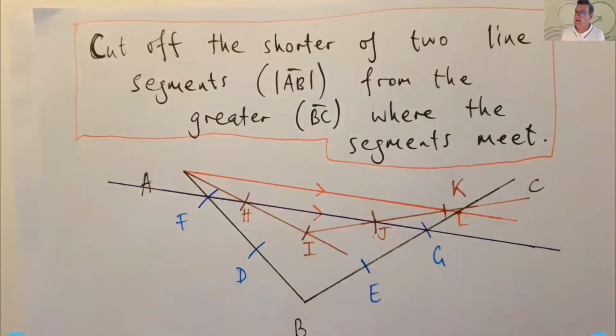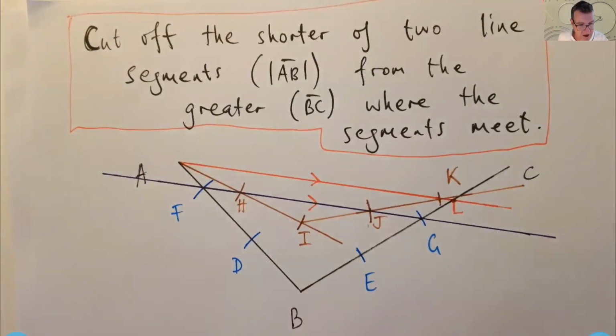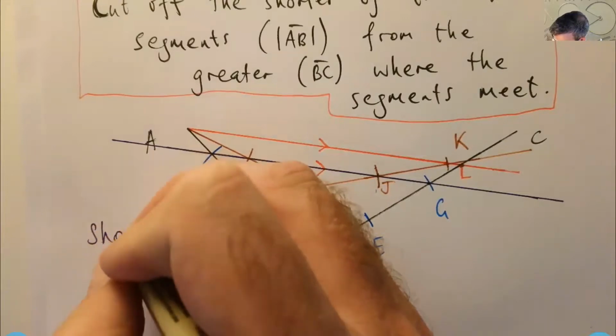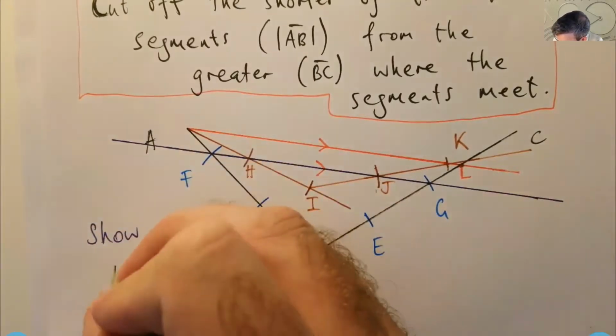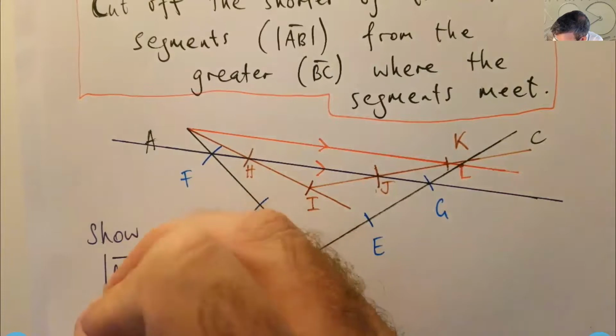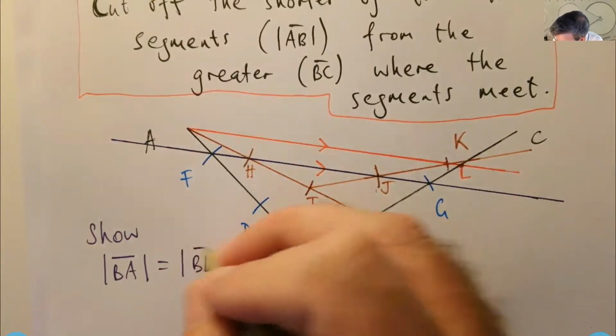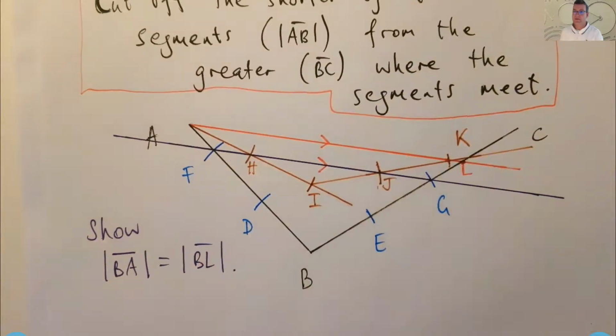Okay, so how can we actually justify this construction? Okay, the idea is to show that BA, the length of that, is equal to BL. All right, so we're going to use similar triangles.